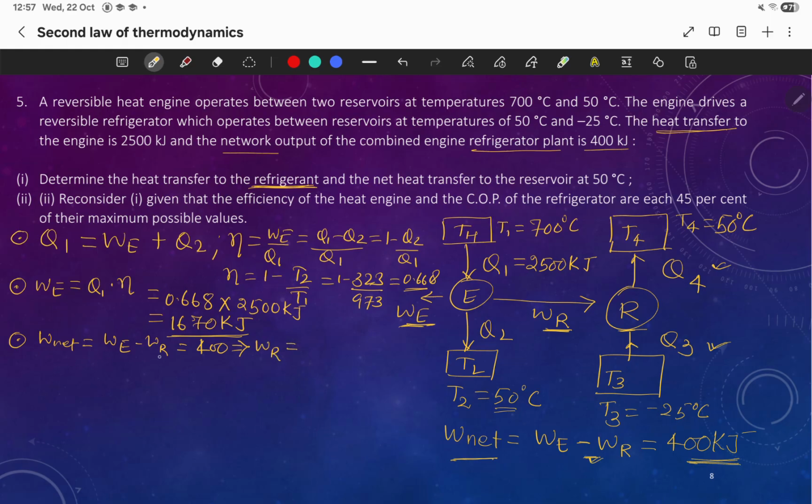We have WE, which we have just calculated. Calculate the value of WR, and we will get 1270 kilojoule. So this is the WR we have calculated from here.